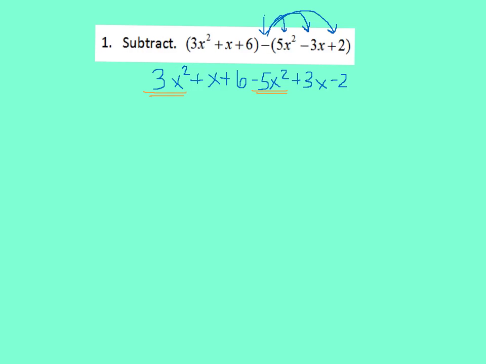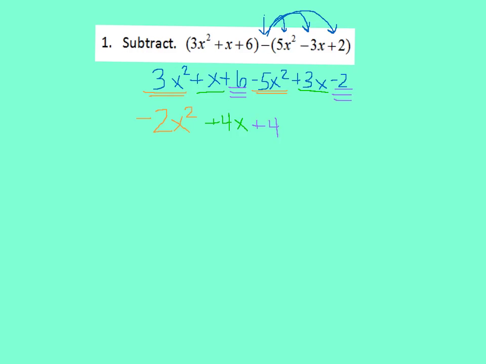That gives me a total of negative 2x squared. I also see that I have x plus 3x. That gives me a total of 4x. And then I also have my plus 6 and my minus 2, which gives me a plus 4.